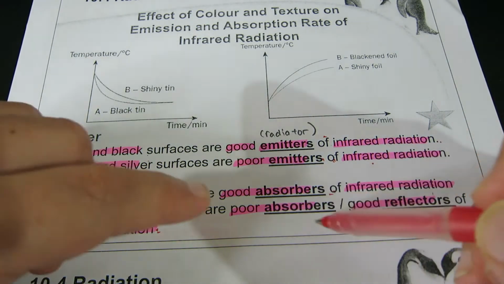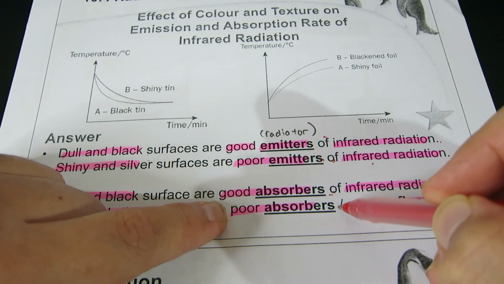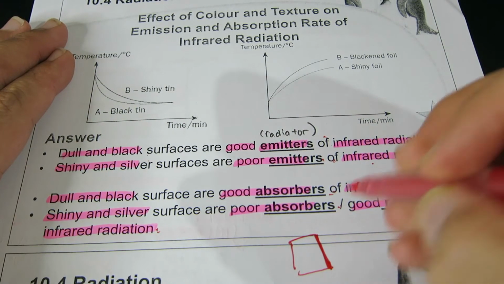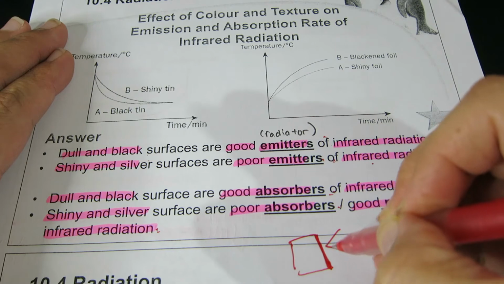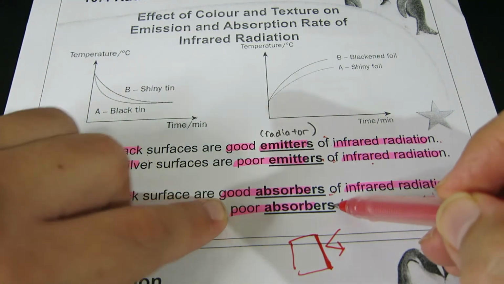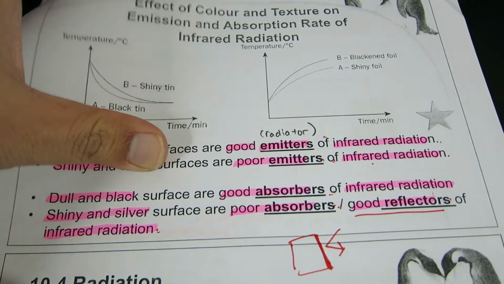When I say an object is a poor absorber of infrared radiation, imagine it's a shiny surface here, it doesn't absorb well, it means it is a good reflector. So you can either say poor absorber or good reflector.